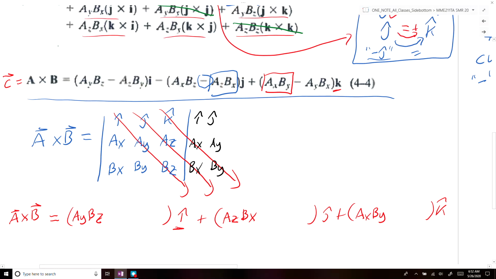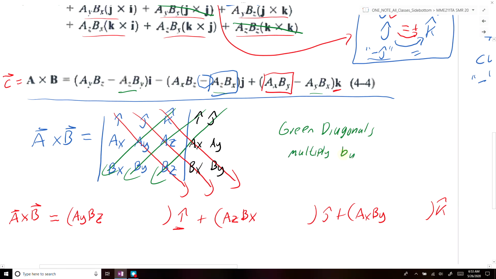Now, to get the other terms in our equation, we're going to use the second set of diagonals. They'll go from the top right of our determinant to the bottom left. So for all the green diagonals, you have to multiply by a -1.